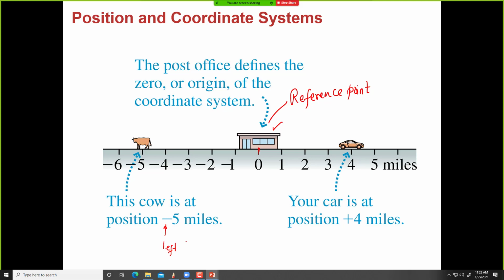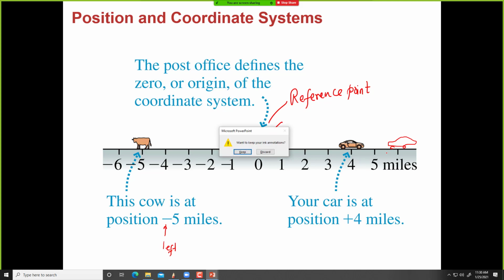Now when the car is moving, the car will be at some other location after some time. So sometime later it would be here. So that means the car changes its position. It starts at 4 and then it reaches 5 or 6 or something. So it's changing the position.